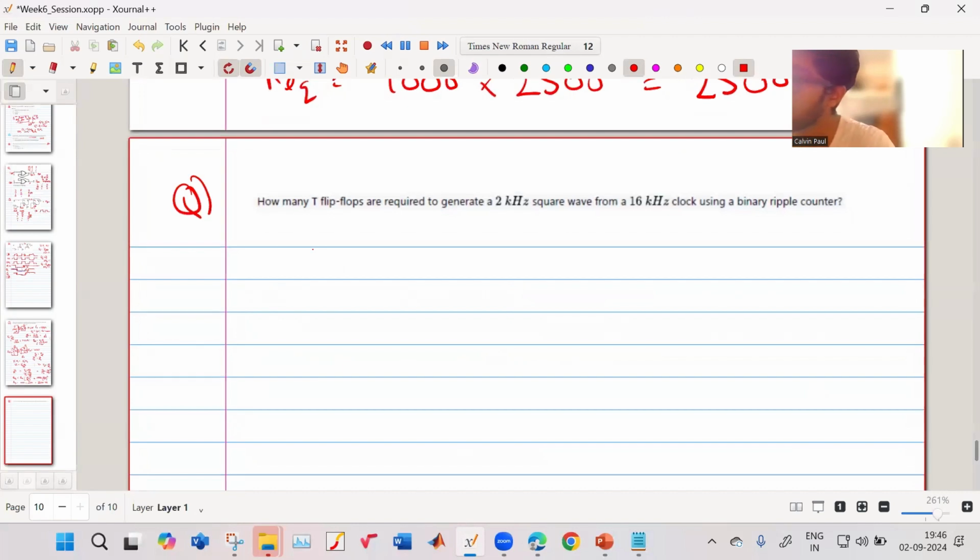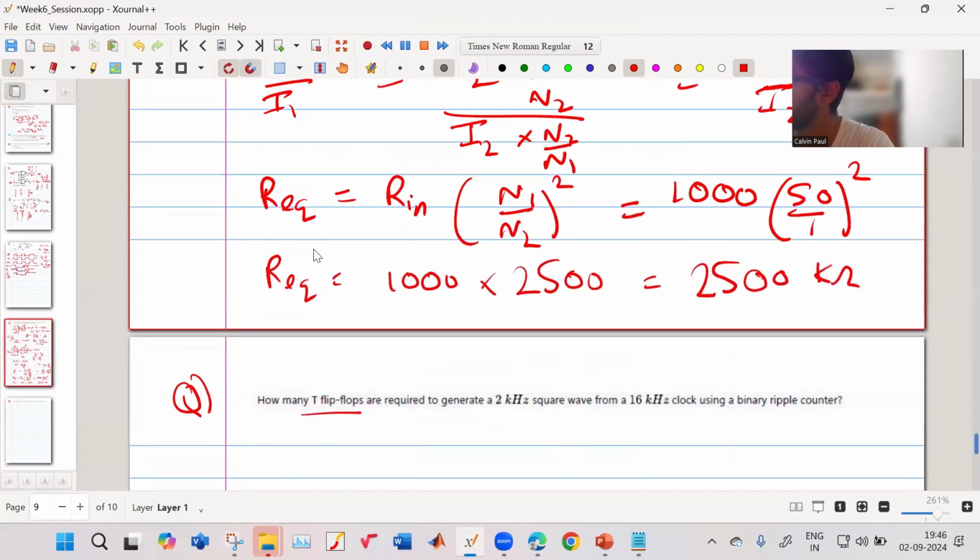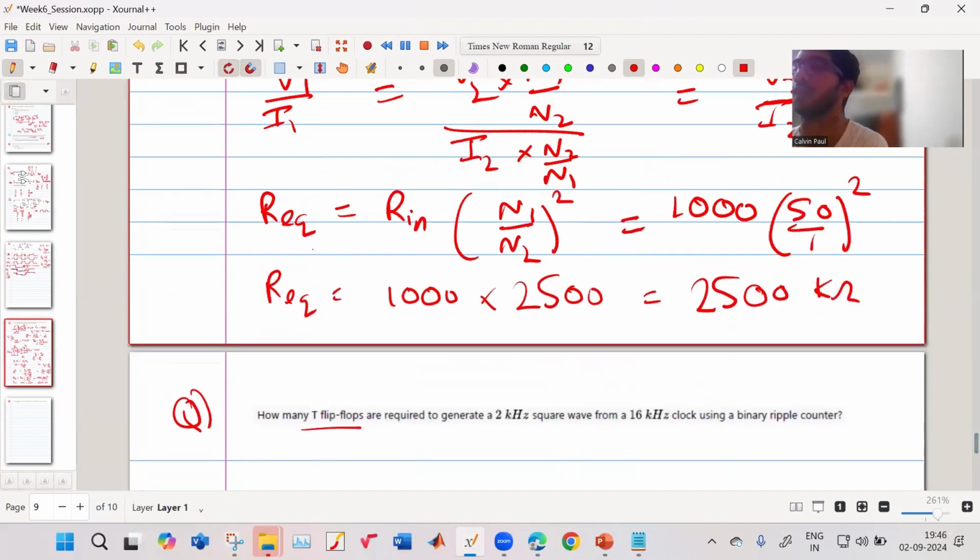We have to find out how many people. R equivalent equal to what was it? 2500 kilo ohm. N1 by N2, how much? N1 by N2 is 50, no?